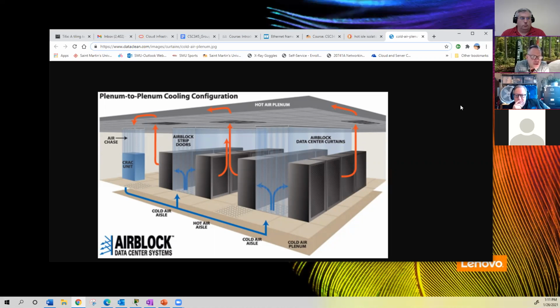This is a computer room air conditioner, or it could be a CRAH, with an H on the end, computer room air handler unit. What these do is it's like a radiator in your car. The hot air from up above in a false ceiling is sucked over to the CRAC or CRAH unit.